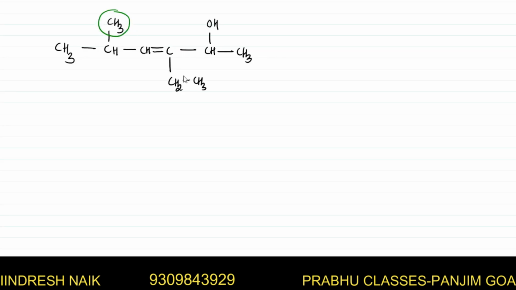If you see, there are two substituents. This is the parent chain, and these are the two substituents.